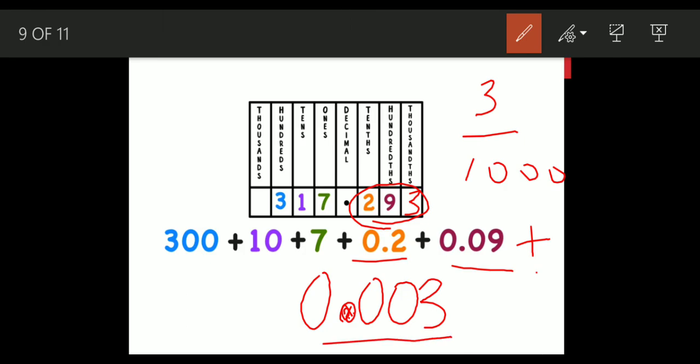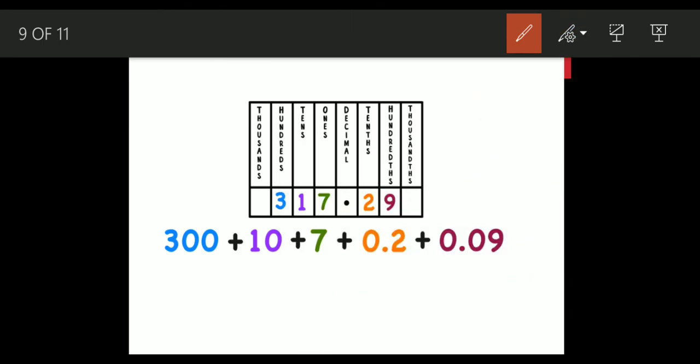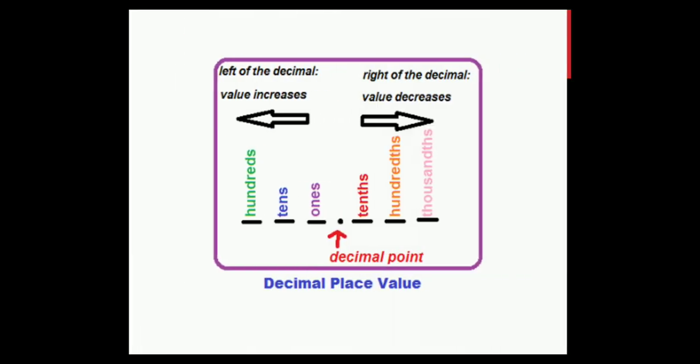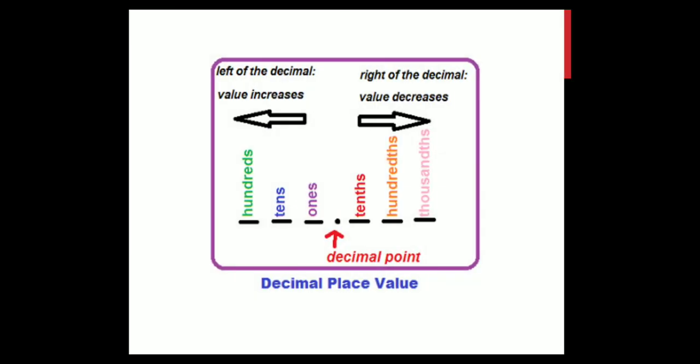So 317.293. Got it? So this is how you expand the decimal number. Clear? So always remember, this is your decimal point, you can see the arrow mark where I have shown the decimal point.